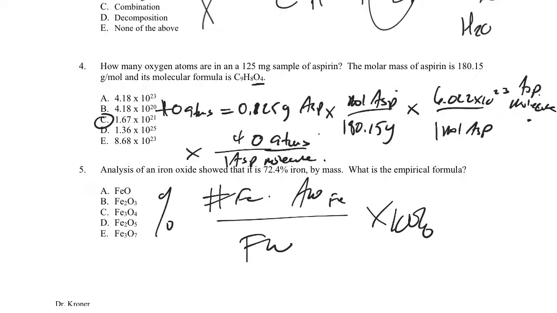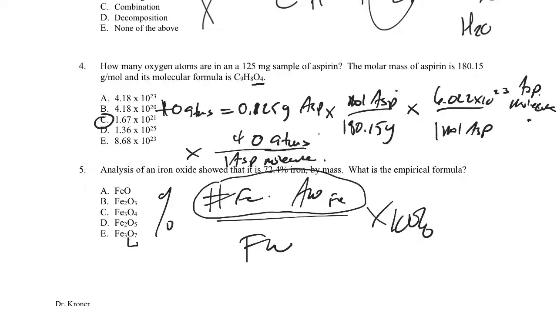Okay? And so if you notice, each of these do have a differing number of iron. So the percent that's iron, we can sort of work out this way here. And so then the percent that's oxygen, we work out by the remainder. So the real question here is which of these compounds is 72.4% iron by mass. So we could just work out the percent by mass of iron in each of these and see which one works out precisely to 72.4%.